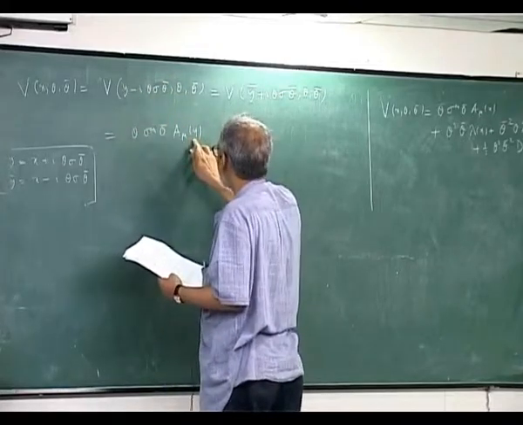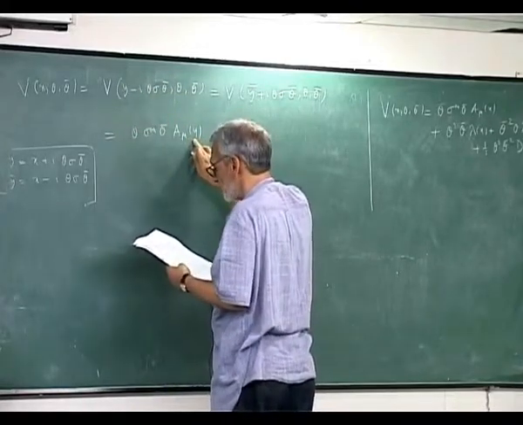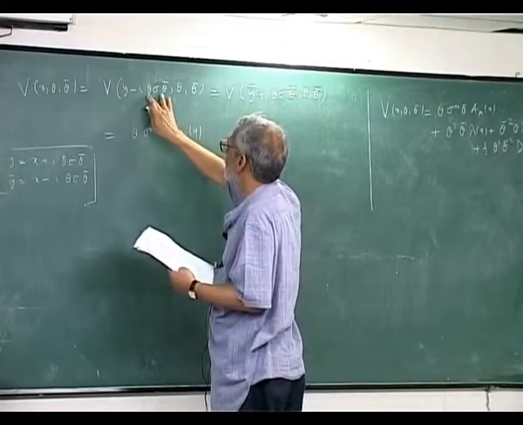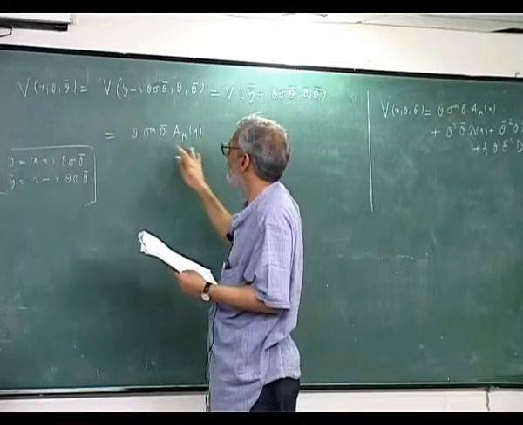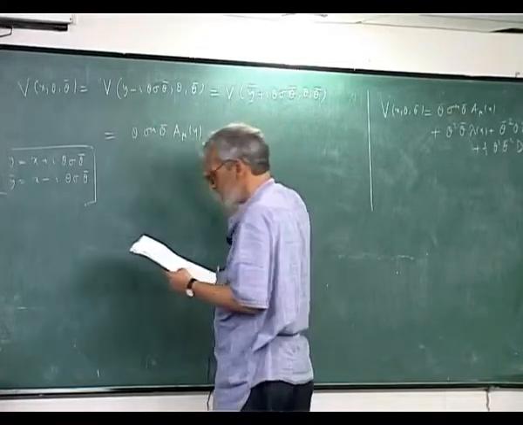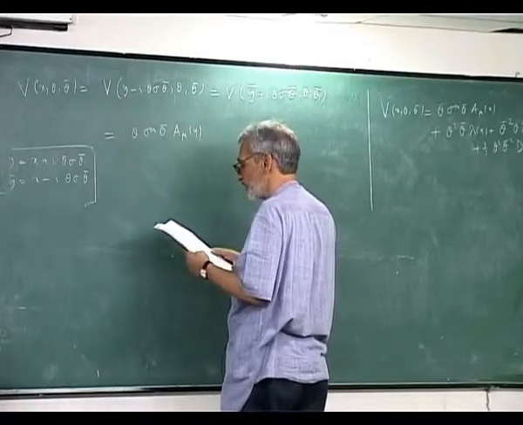But I can make a further expansion of this object, and then I'll have a term which is the square of this times the derivative of this object. Well, let me write out the answer and then I'll justify what the various pieces are.